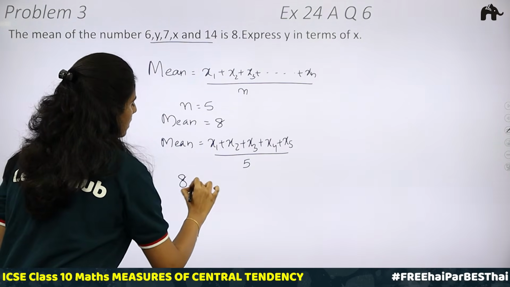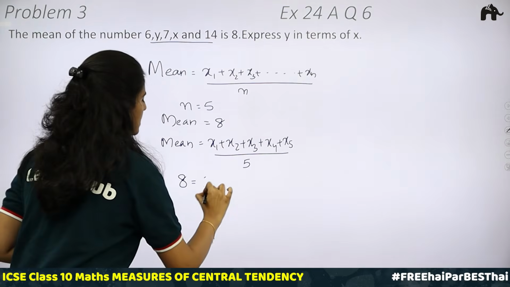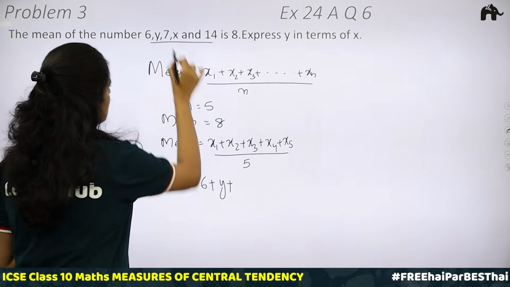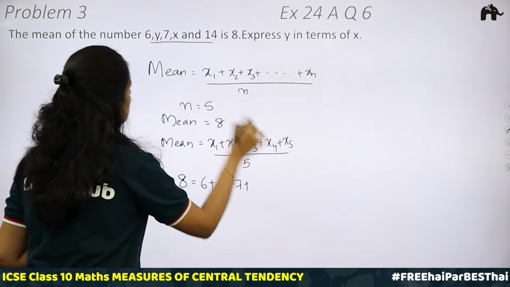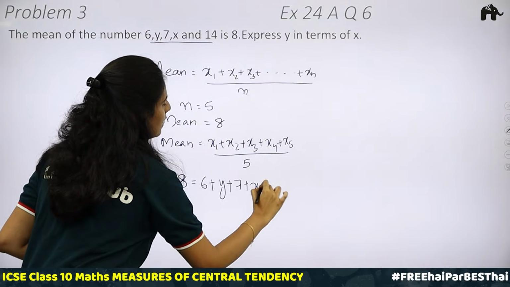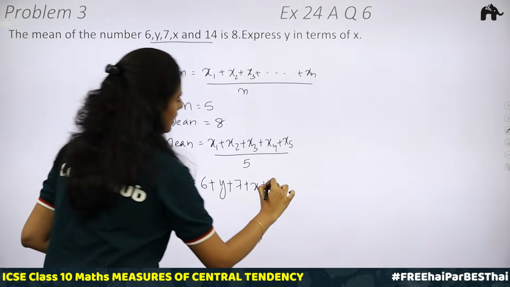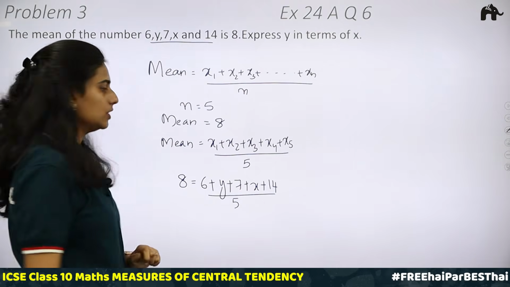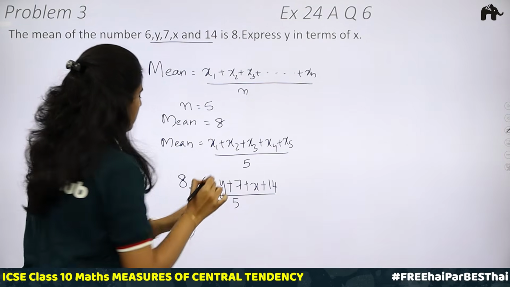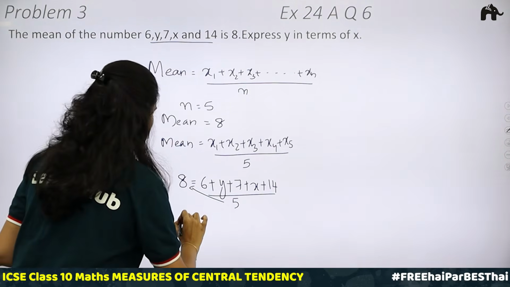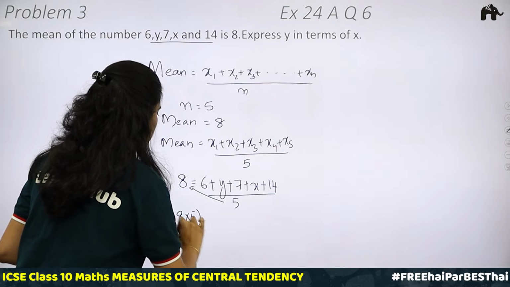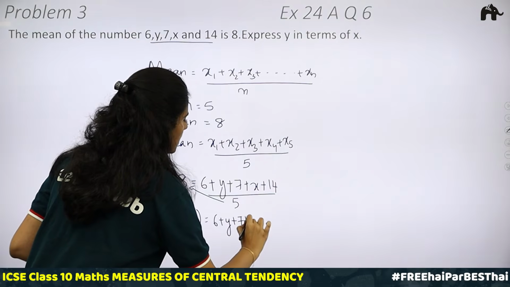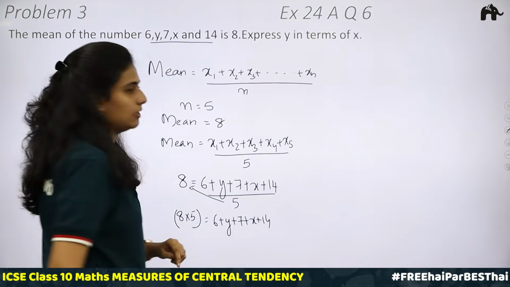Mean is 8. 8 is equal to 6 plus x2 is y, plus x3 is 7, x4 is x and x5 is 14, divided by 5. Okay. Taking this 5 to the opposite side, 8 into 5. 8 into 5 is equal to 6 plus y plus 7 plus x plus 14.